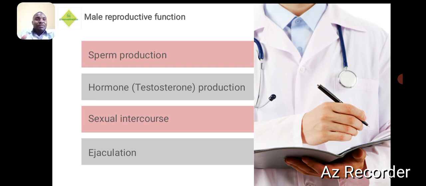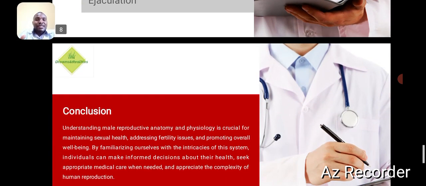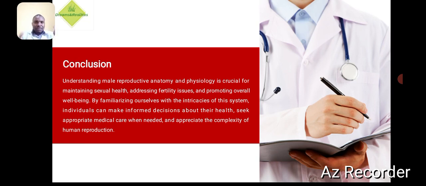But at least you have been able to know everything on this slide. So, in conclusion, understanding male reproductive anatomy and physiology is crucial for maintaining sexual health, addressing fertility issues, and promoting overall well-being.